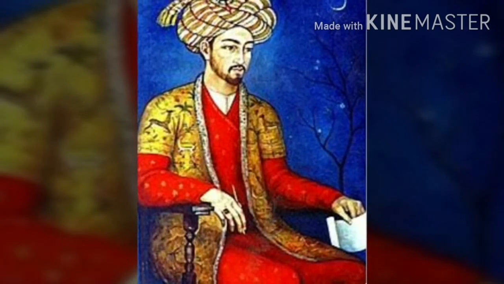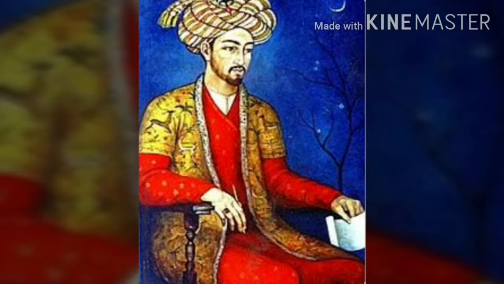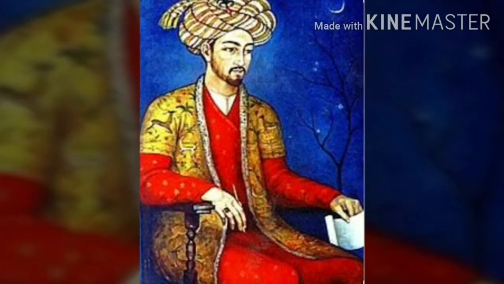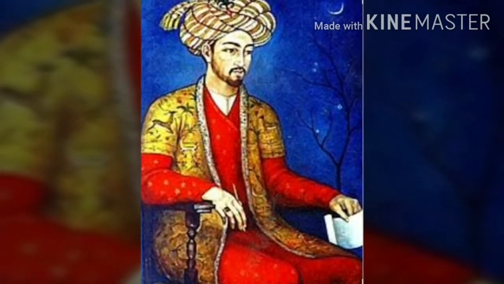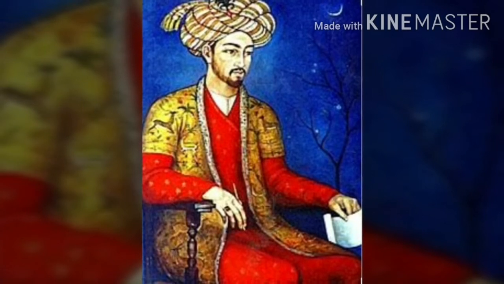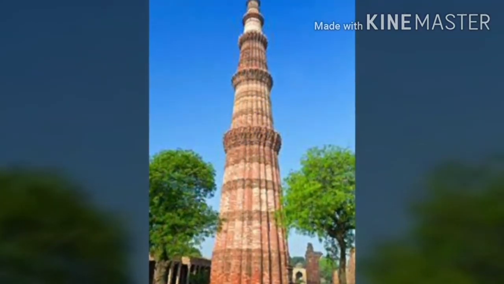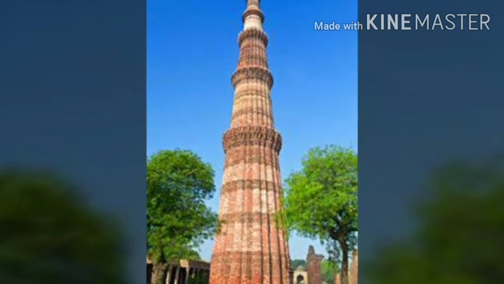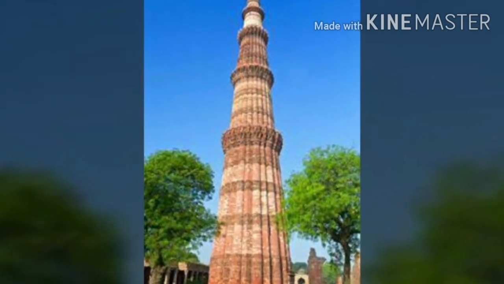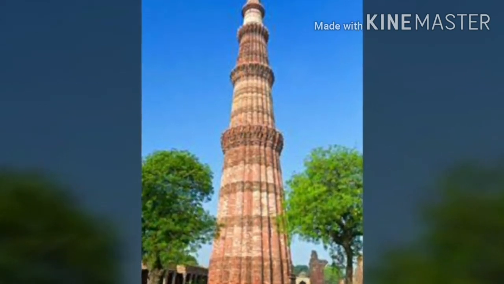Qutbuddin Aibak came to power in 1206, but it did not last long as he died in the year 1210. He had started the project of building the Qutub Minar but could not complete it because of his death. It was completed by his son-in-law Iltutmish.